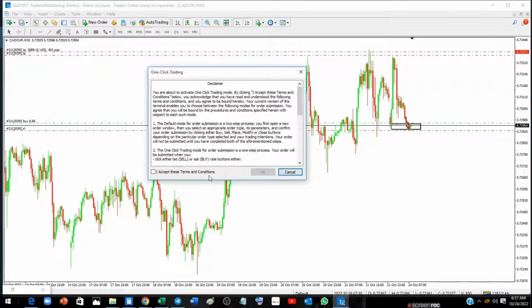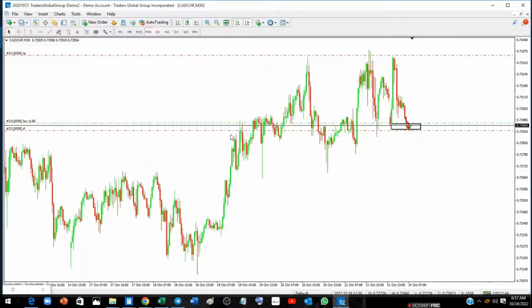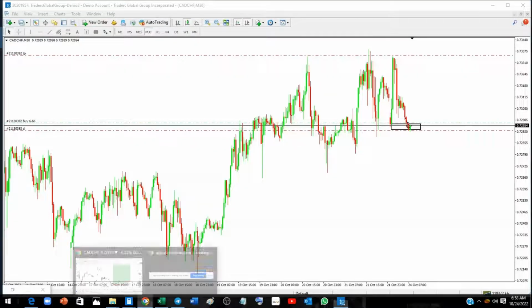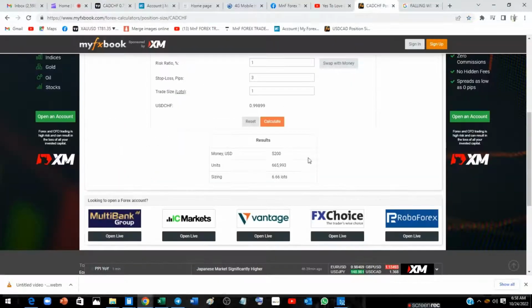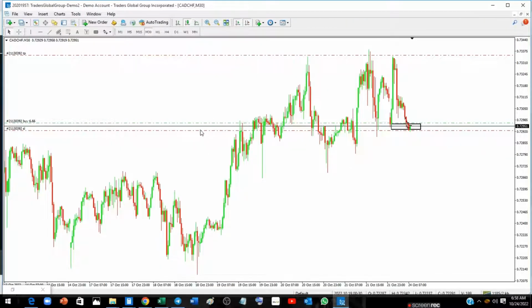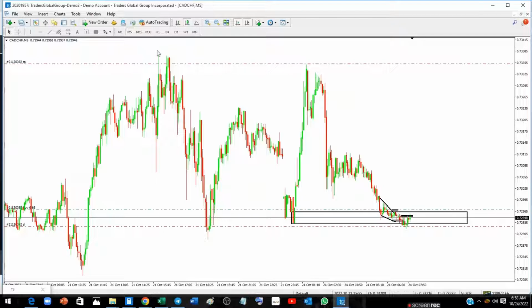I mean 40 pips, sorry. Our risk is a little bit more than what I expected. According to the calculation, this was supposed to be $200. Apparently, here we are seeing about $300. So we can adjust that to $200. It seems like here it's showing 4 pips, so let's readjust that. But below that is alright.